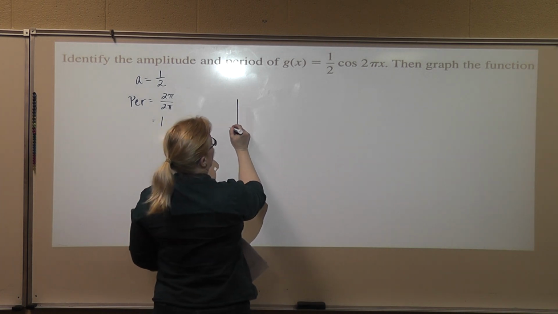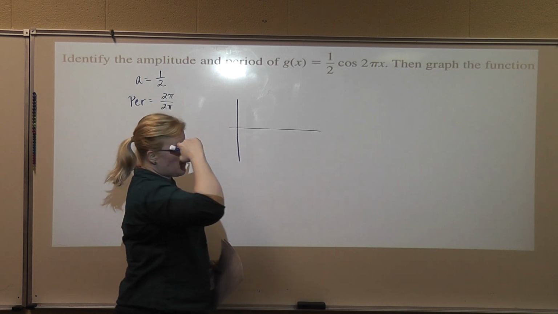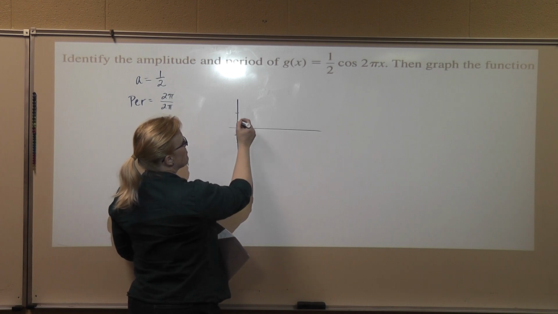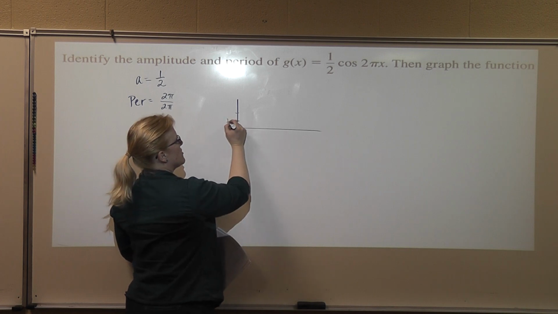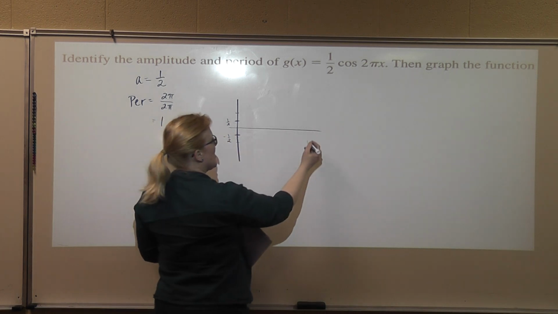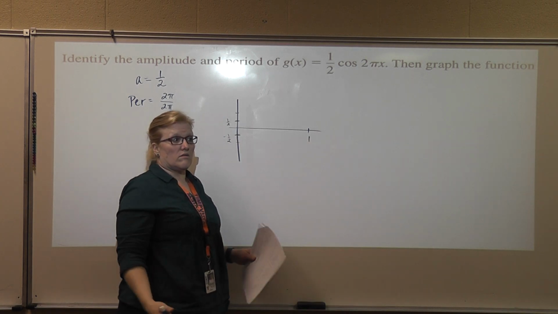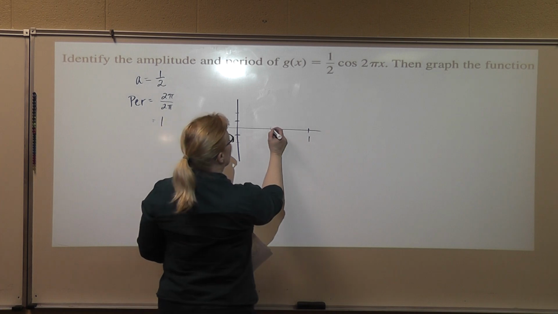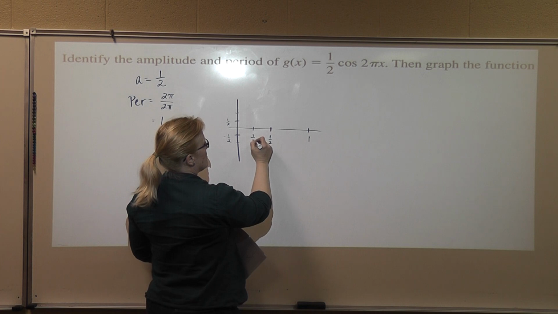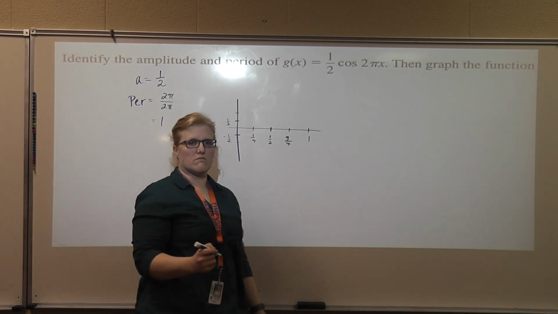That sounds really weird, it doesn't have a pi in it, but it's going to work. I'll show you. All right, so normally we have an amplitude of 1. This time, my amplitude is only a half. So here's 1/2, here's -1/2, and my period is 1. Well, half of 1 is a half. Half of the half is a fourth. And then between here, I've got 3/4.